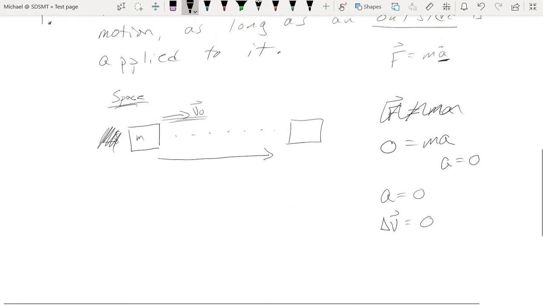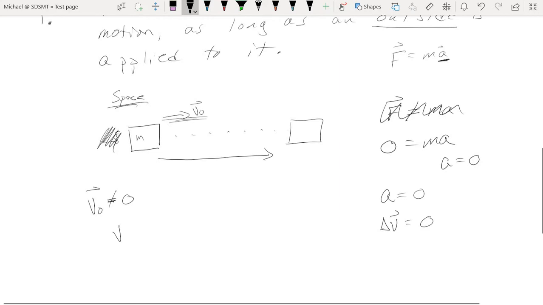And if we have an initial velocity that is not equal to zero, remember we gave this mass a little bit of initial velocity with that applied force.